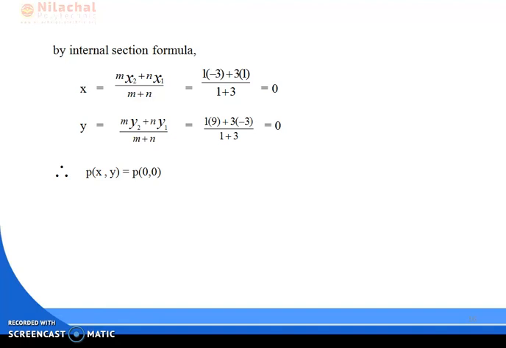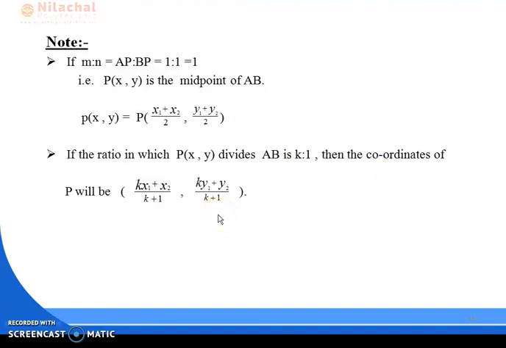In the same way, for y we put m as 1, n as 3, y2 as 9, y1 as -3. M plus n is 1 plus 3, which means 4. We find that the answer is 0 because 9 plus -9 by 4 means 0 by 4, and 0 divided by anything is always 0. So by the internal division formula, the P point is 0, 0: the x coordinate is 0 and the y coordinate is 0.